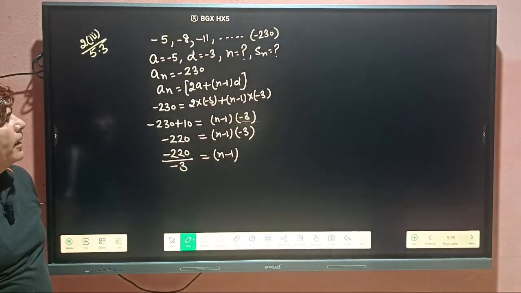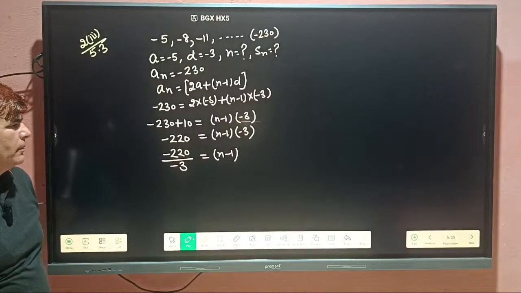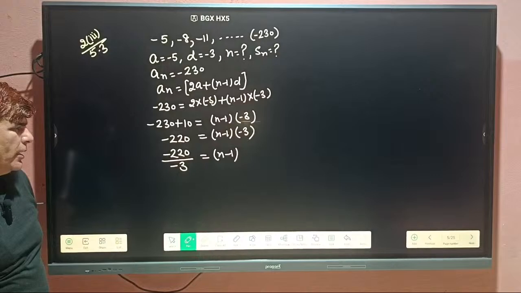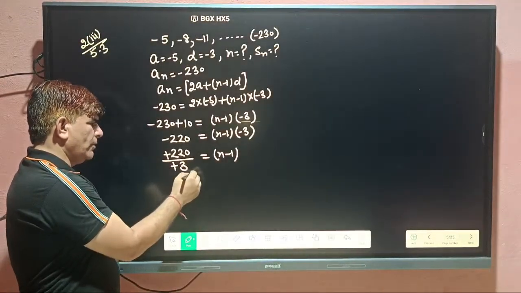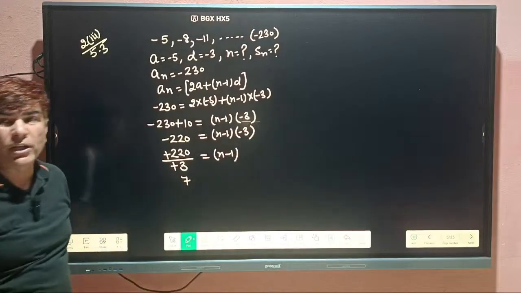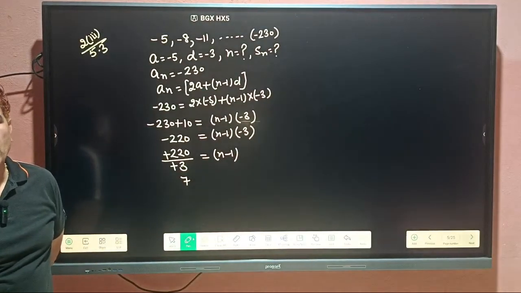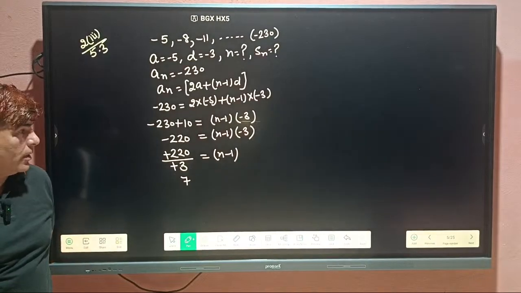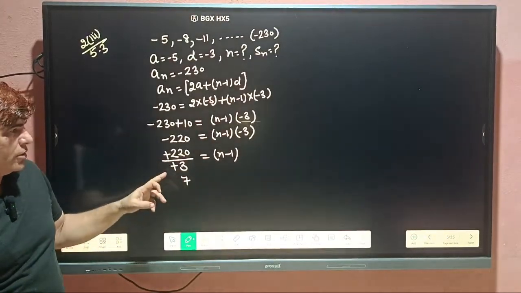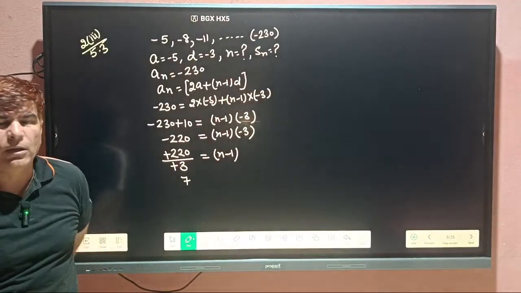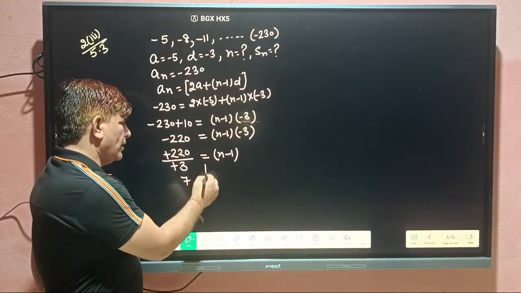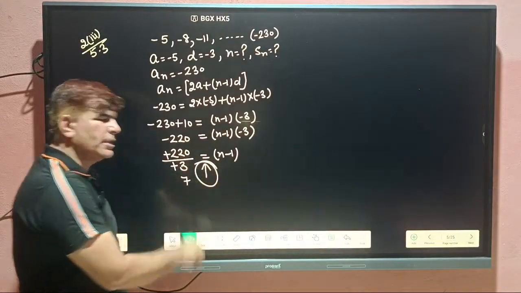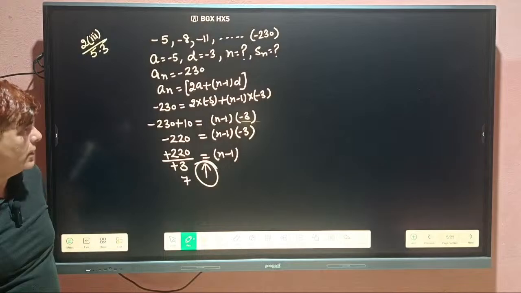If we calculate this, this cancels this; 7 threes are 21. So it is coming in the form of a fraction. If it is coming in the form of a fraction, it means n is never coming in the form of a fraction. So there is some mistake in this question, in the statement or anywhere. Once again we can check.